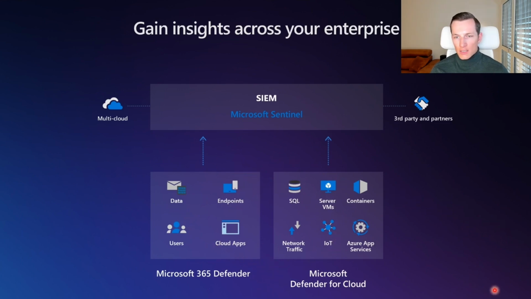So Microsoft has done really great efforts and has now allowed the integration of alerts that come from Defender for Cloud to flow into Microsoft 365 Defender. This means that now in one portal, you can get all the alerts from both modern workplace and infrastructure.